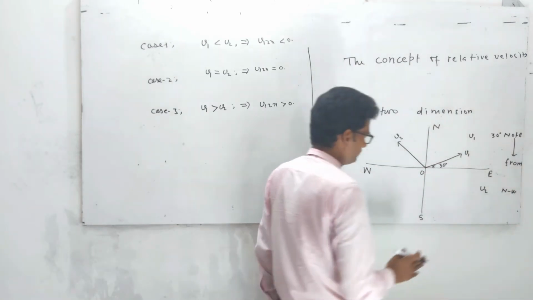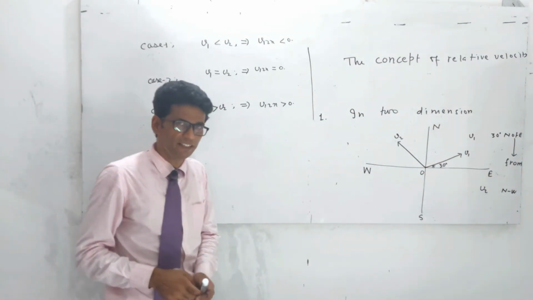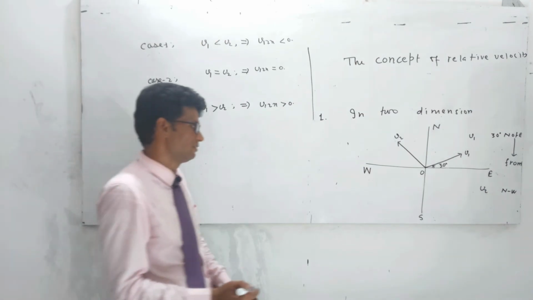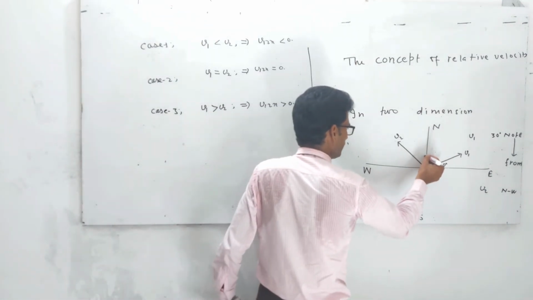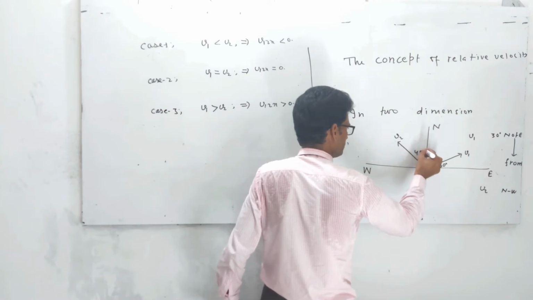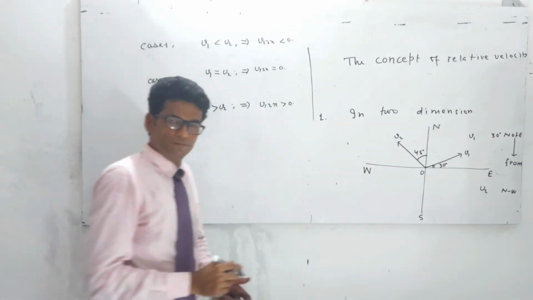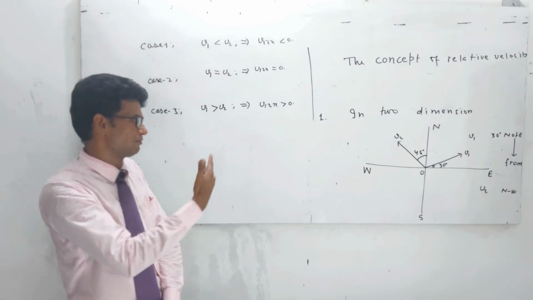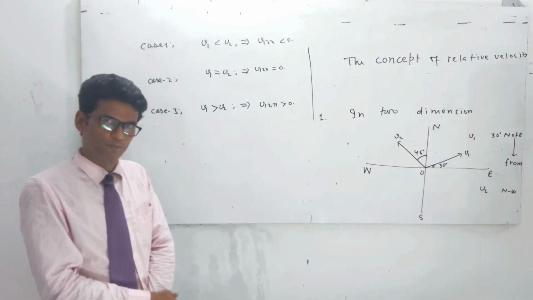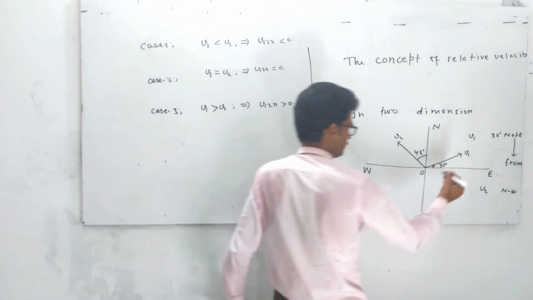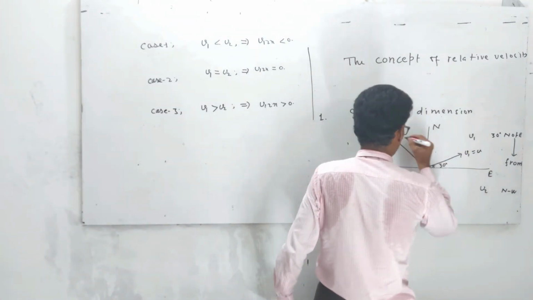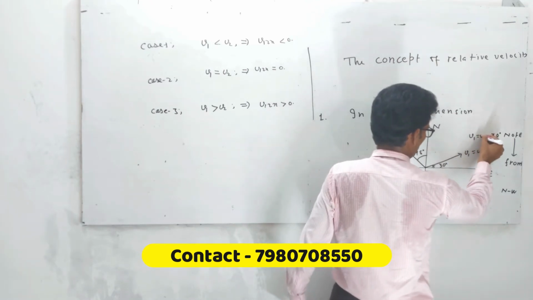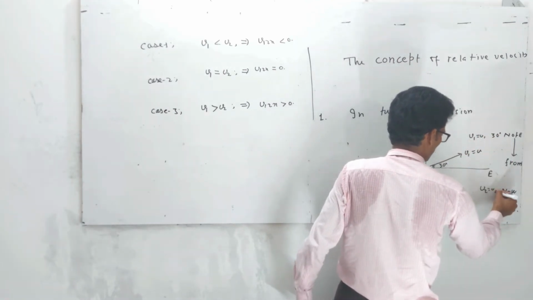If no angle has been assigned, then we mean that either of these two angles is 45 degree. However, their speeds are v1 and v2, but for convenience we take v1 equal to v as well as v2 equal to v.